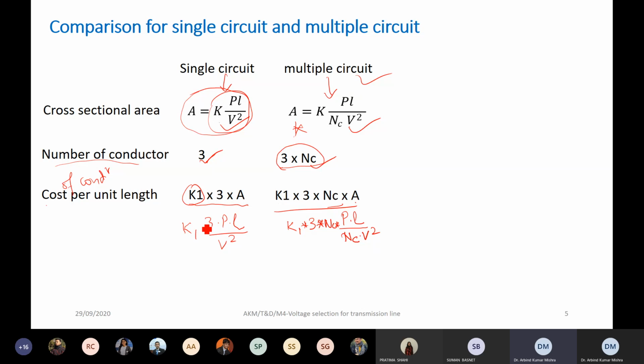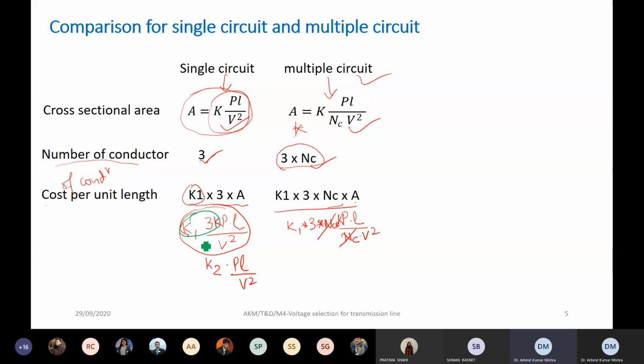Of course K is there, so you can put K too. Now you can see that this NC and this NC cancel each other, and we get K1 into K, say another constant K2 including 3, so K2 into PL by V square, where K2 includes all these quantities.